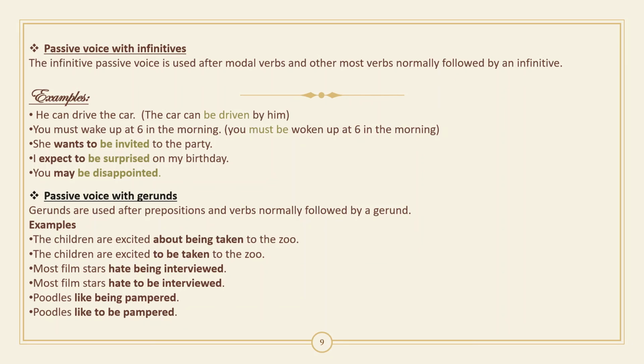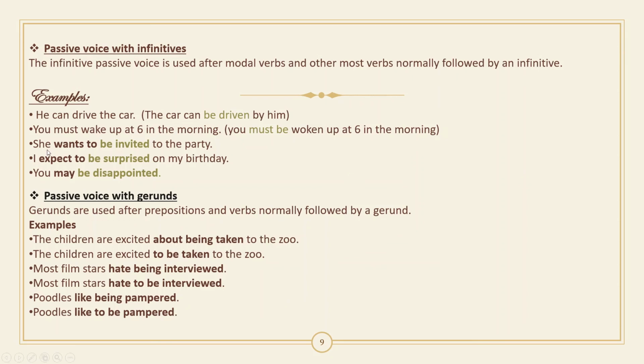We are using only be, since there is a modal before the main verb. So, he can drive the car becomes: the car can be driven by him. In the same way, you must wake up at 6 in the morning becomes: you must be woken up at 6 in the morning.